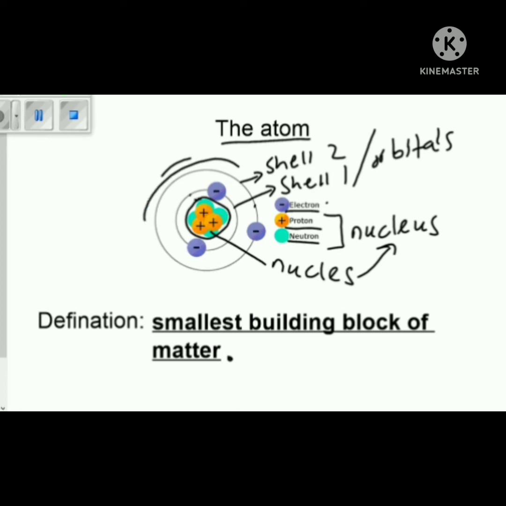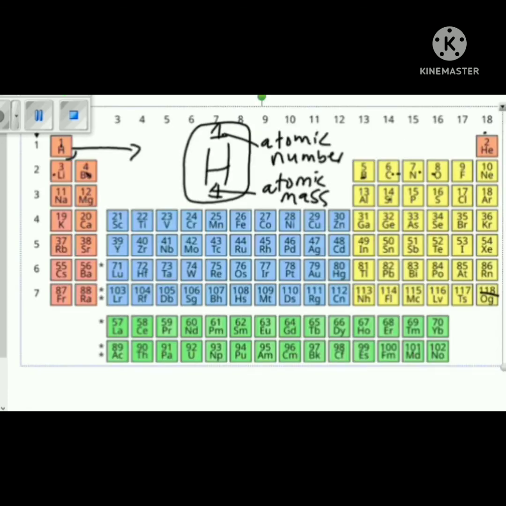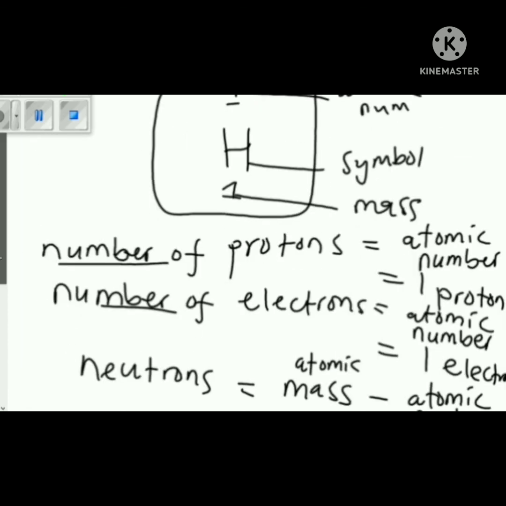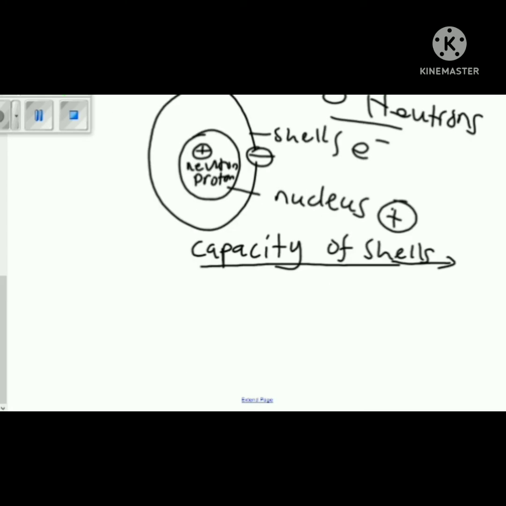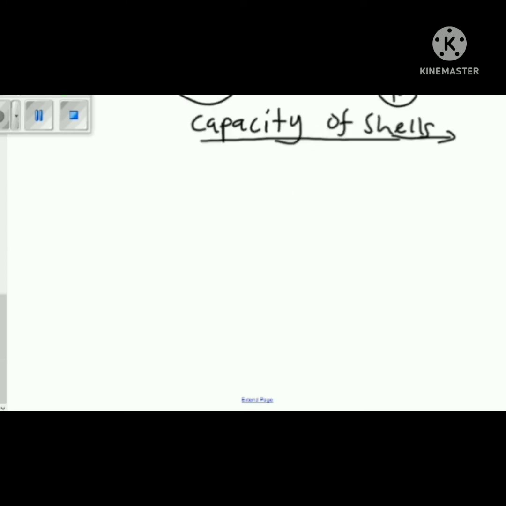Remember that the shells will contain your electrons. So let's look at the capacity of those shells to hold electrons. First of all, we've got the nucleus here. We're not really going to draw anything, but this represents that the nucleus contains the protons inside it. And then we've got the first shell.